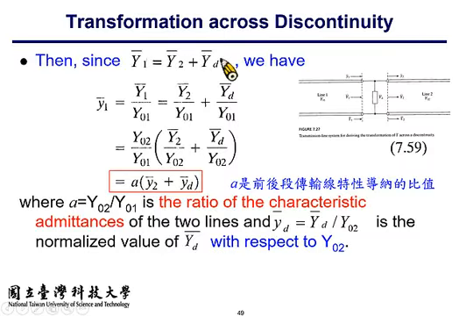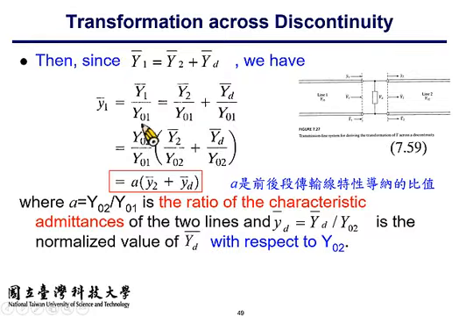So we know that the actual admittance with this shunt configuration is the sum of the admittance looking to the transmission line and looking to the shunt component. So it's Y1 equals Y2 plus Y_D. And of course, we would like to express the normalized admittance looking from this position, that is y1. By definition, that should be Y1 divided by y sub 01.